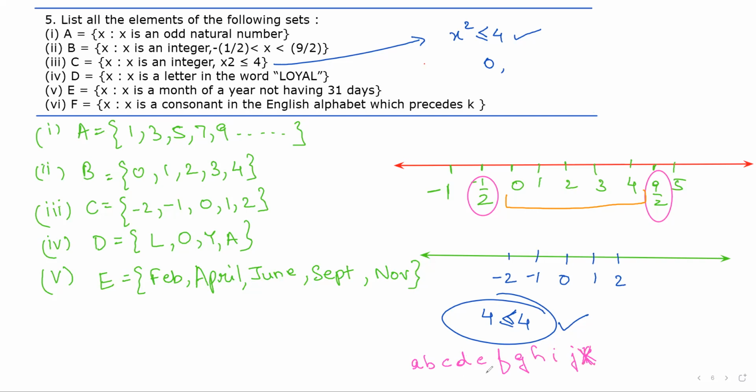You're supposed to consider consonants, so these are vowels: A, E and I. The remaining alphabets will be part of your set. F is equal to B, C, D, F, G, H, and J.